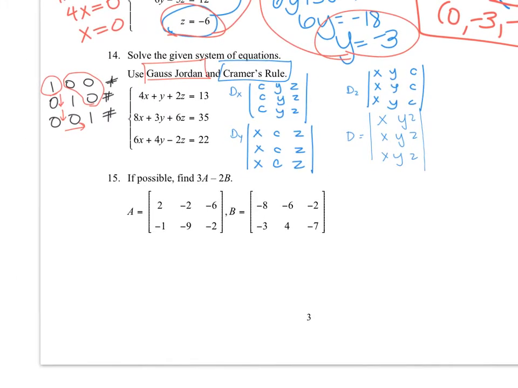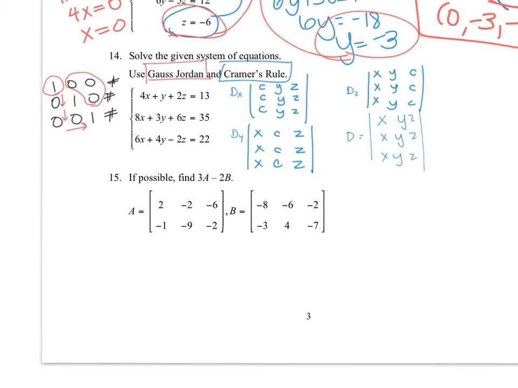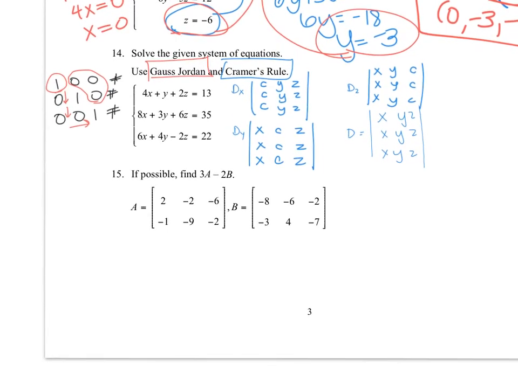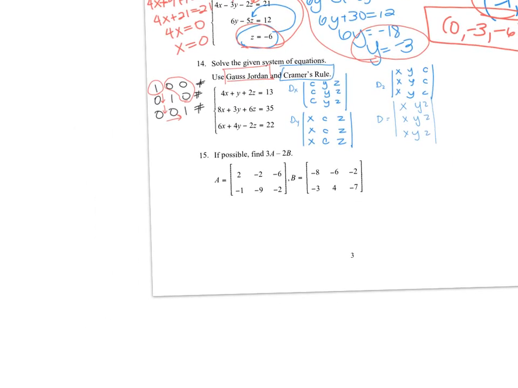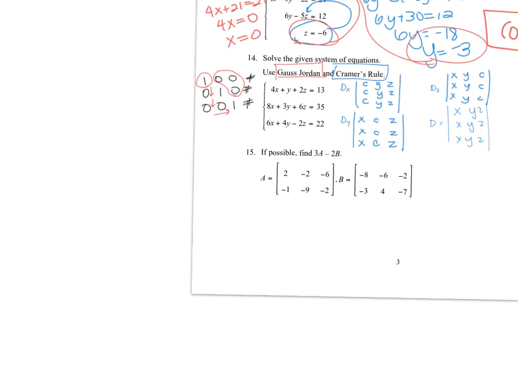So I'll work through, let's do d of x because it's good to do the determinant. If I'm doing the determinant to find d sub x, I would rewrite this first as a matrix.